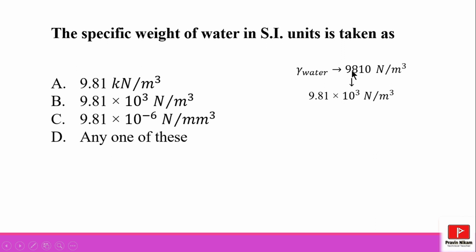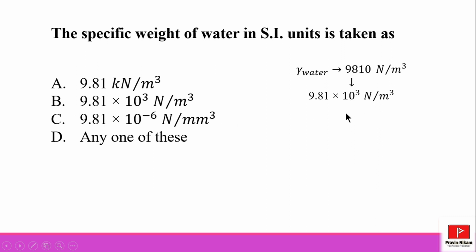So Newton per meter cube means option B is correct, but here any one of these is also an option. So let us check whether A or C is correct or not.